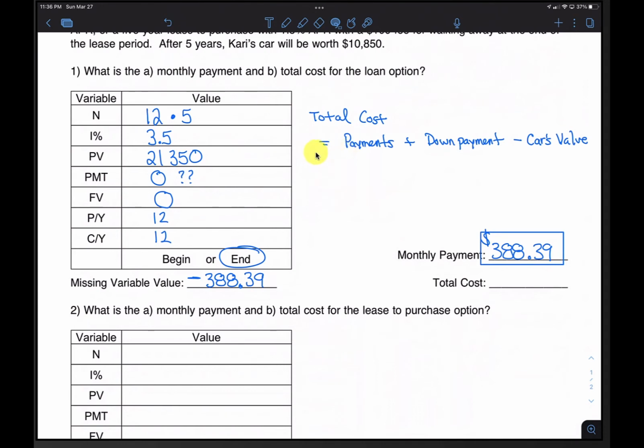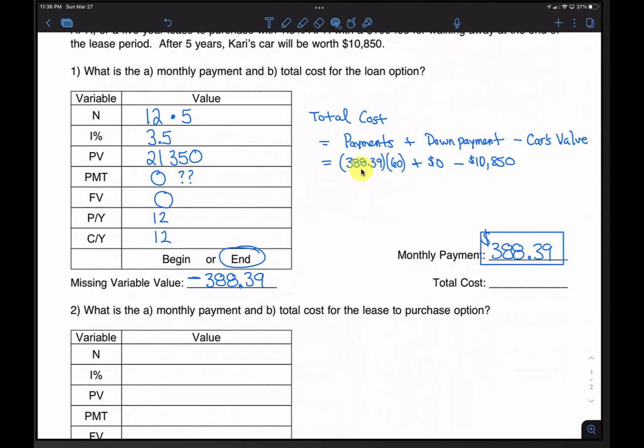The total cost is the total payments over the 5 years, which is 60 months, plus any down payment, and then minus the car's value at the end of the 5 years. So to calculate the payments, you take the monthly payment times the total number of payments, which is 60.